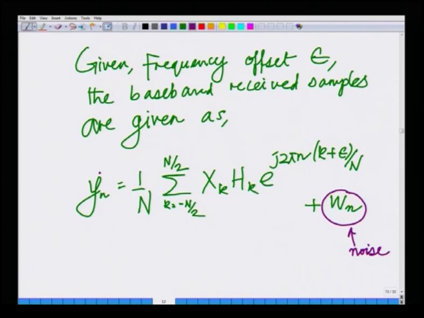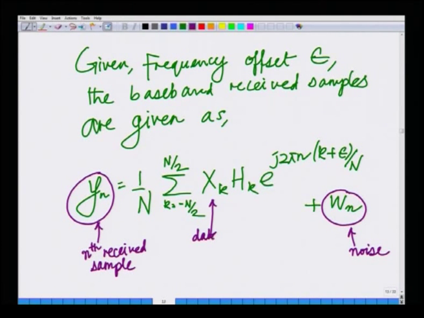y n is the nth received sample, x k is the data transmitted on the kth subcarrier, and h k is the channel coefficient across the kth subcarrier.